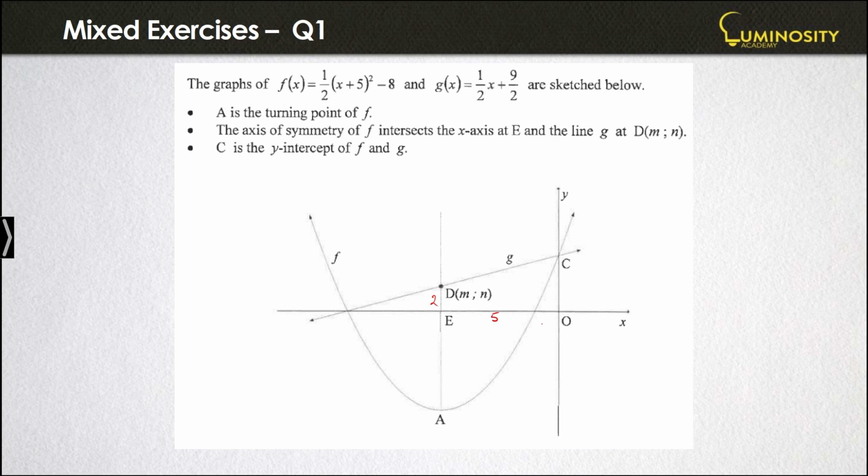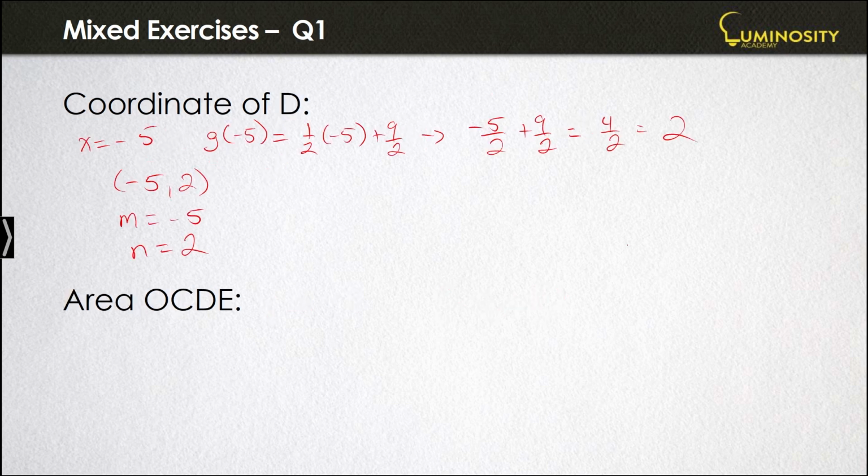So now the only thing we need to know is where this intersects the y-axis. The easy thing is that g of x intersects the y-axis when x equals 0. So g of 0 equals 1/2 of 0 plus 9 over 2, which is just 9 over 2.